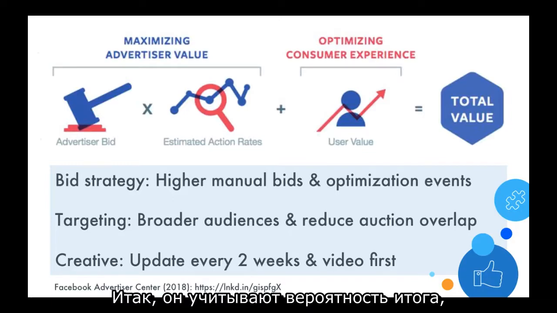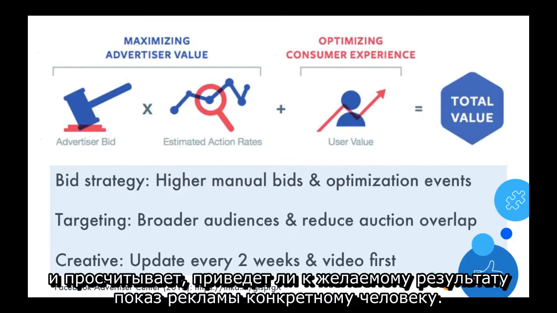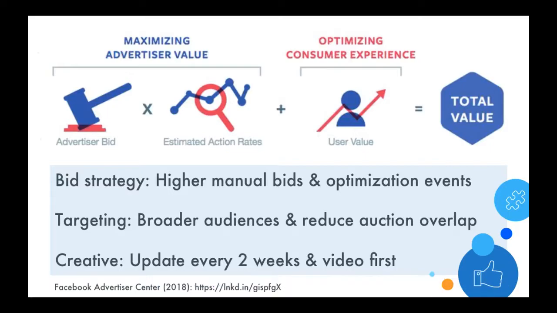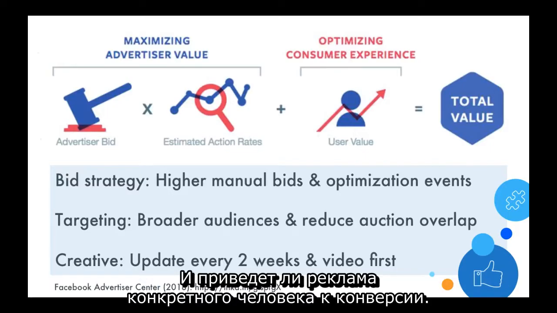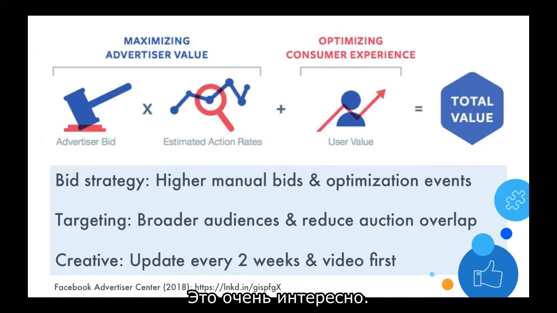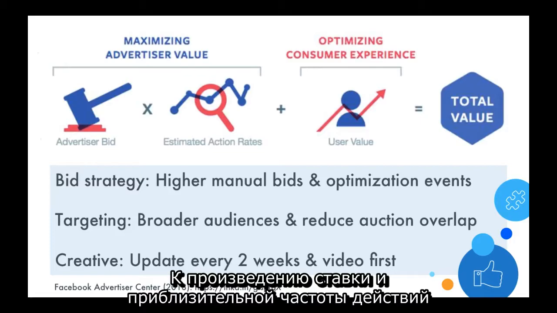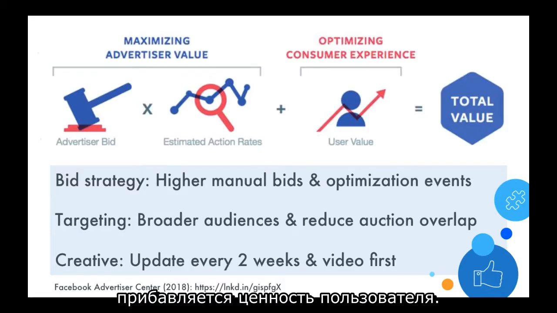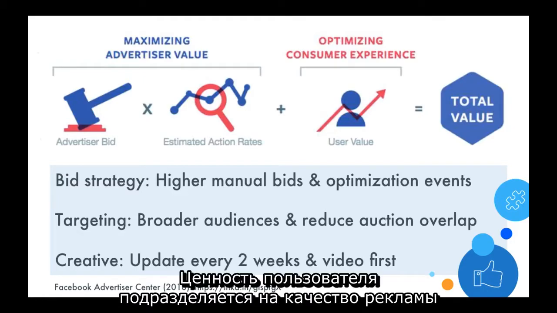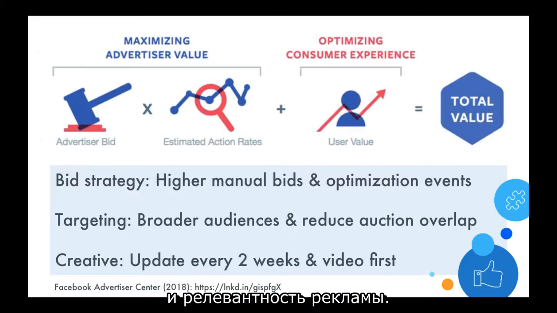So they have probabilities in the back end where they calculate how likely is it that you show it to this specific person, that this specific person realizes a conversion, for example, a purchase. That's super interesting. And to the multiplication of the advertiser bid with the estimated action rates is then added the user value, okay, and the user value is further subdivided into ad quality and ad relevance, okay.